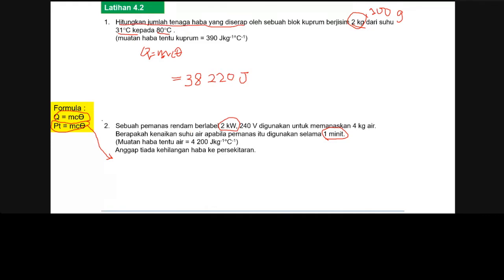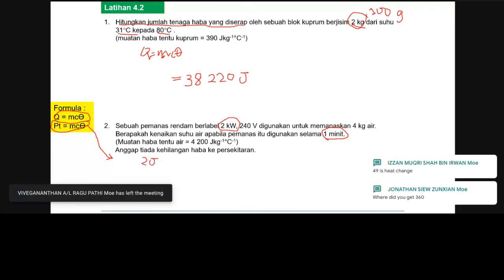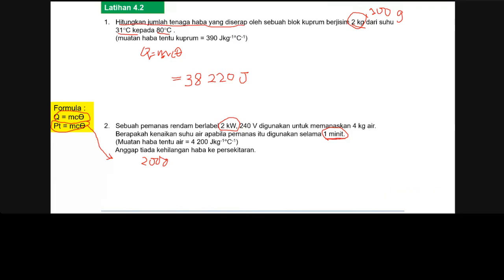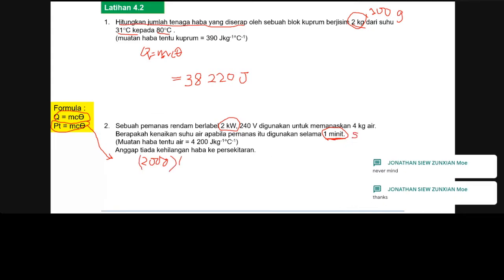P is power, but power must be in watts. Here they gave kilowatts, so you convert to 2,000. Time must be in seconds, so 1 minute is 60 seconds. M, mass, is 4 kg.